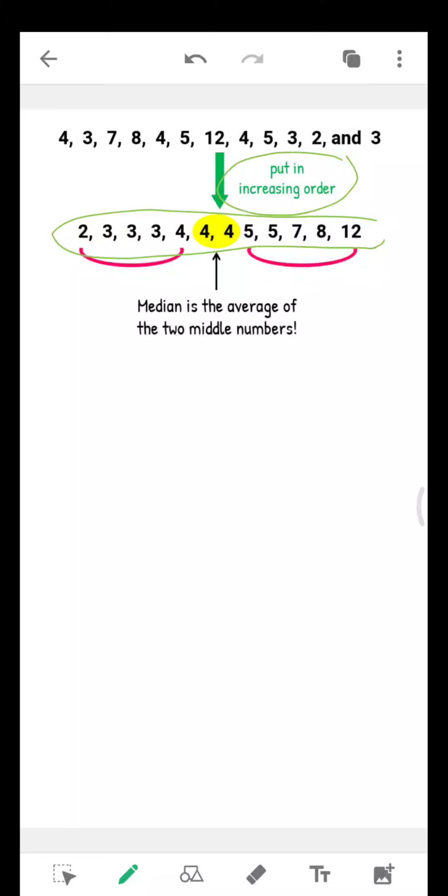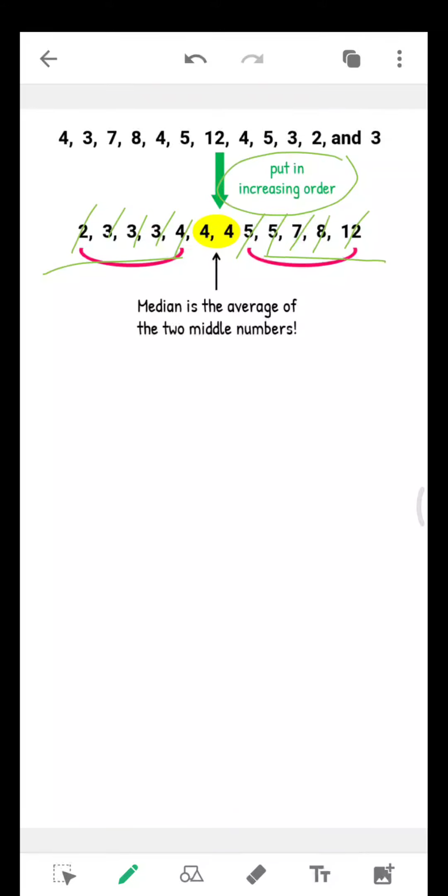After writing them in ascending order, we should take the middlemost. Which are the middlemost in this? I'll cancel one from here: 1, 2, 3, 4 and 5. So these five numbers will leave from here and 5 numbers will leave from here.